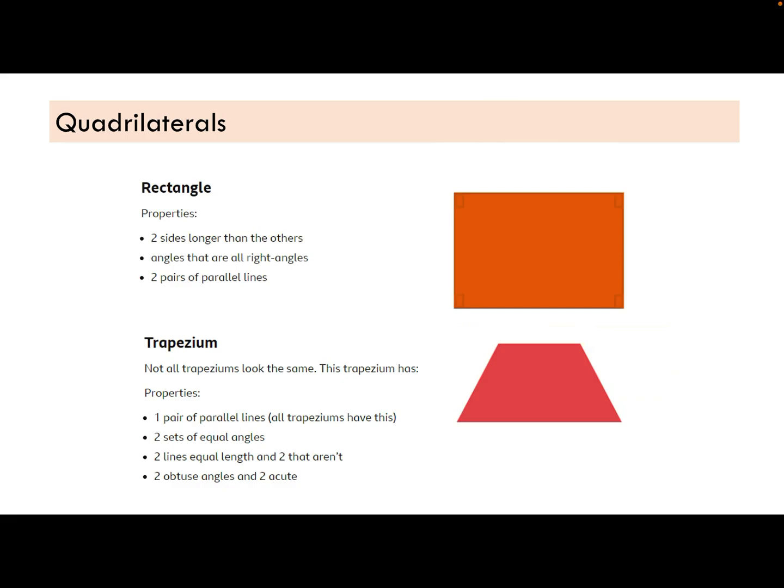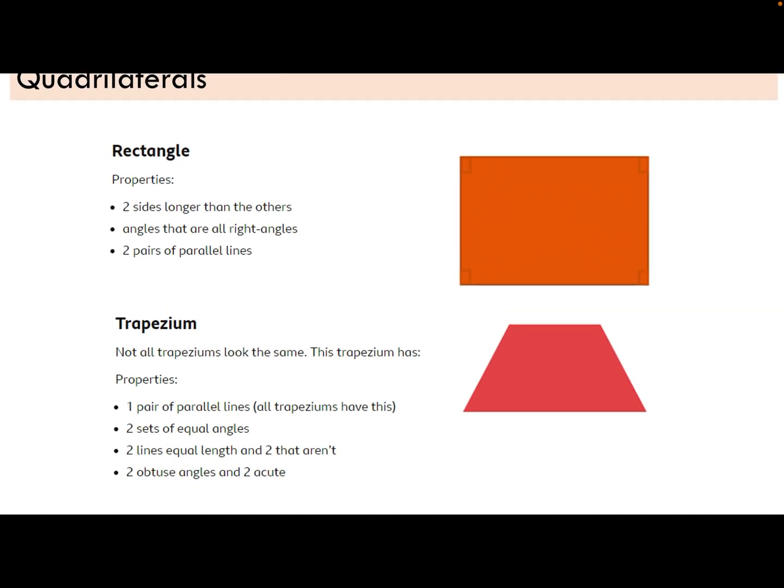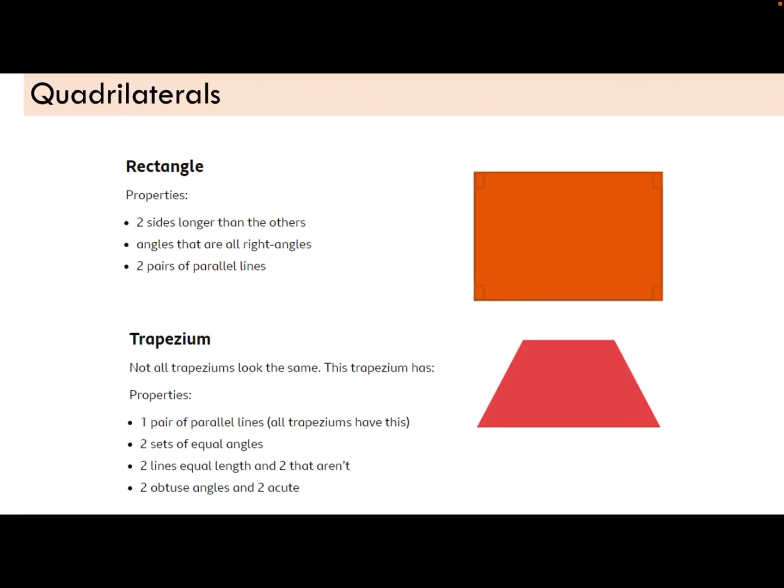And we have a rectangle. So this has 4 straight sides. It has 4 angles. All of the angles in this instance are the same, but all our sides aren't the same. But it still fits our basic definition. 4 straight sides, 4 angles. Here we have 2 sides that are longer than the others.